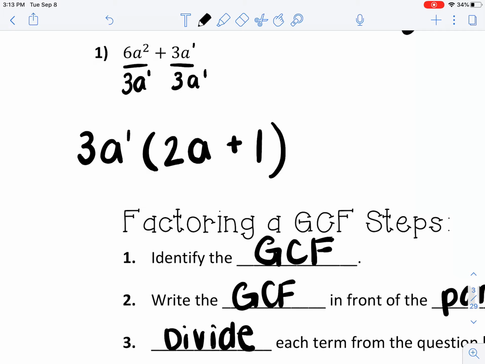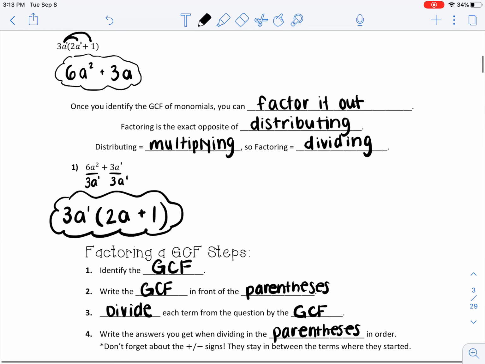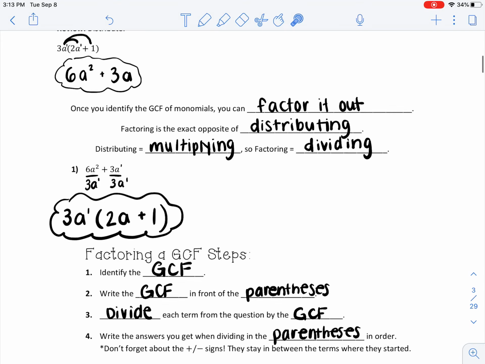So I end up with 3a times 2a plus 1 as my answer, which is exactly what we started with in the review question. See, they match. So in the review question, we distributed, and in question number 1, we factored a GCF out. So distributing and factoring are opposites, therefore we have opposite answers.